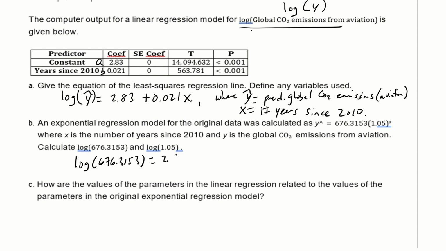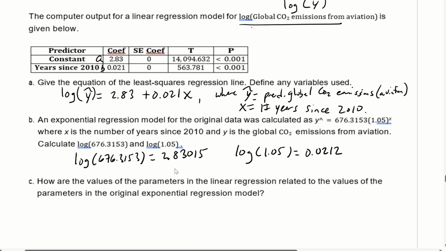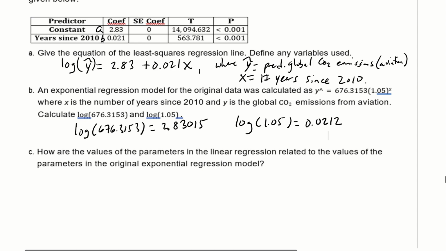You get 2.83015 and 0.0212. That's it. They just wanted to calculate that, that way you can compare them. So notice that you compare this to that, and you compare this to that. That's the idea.